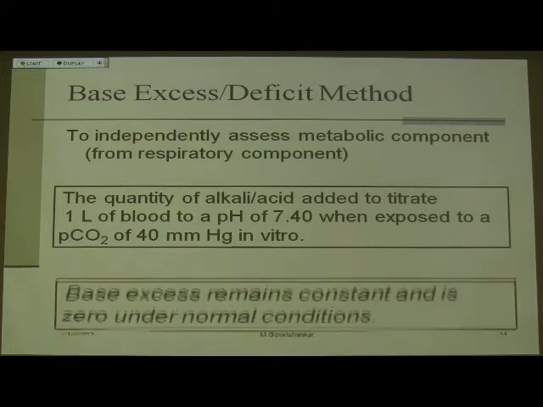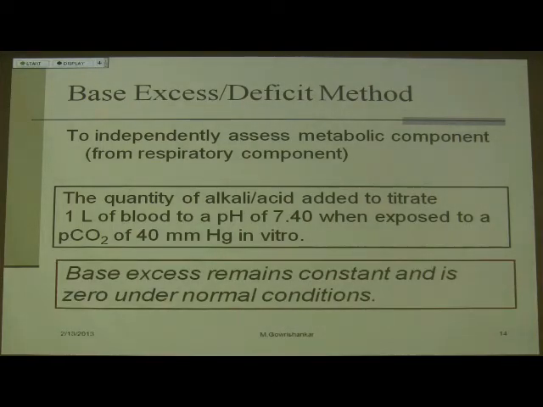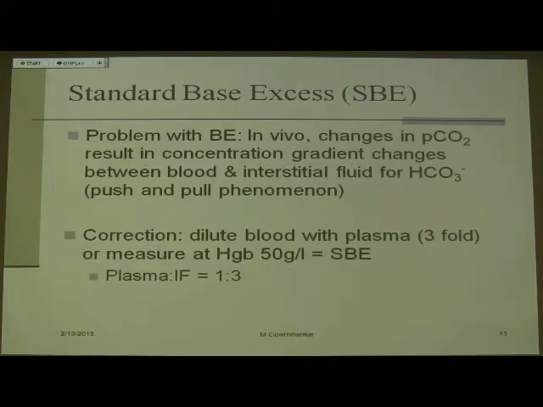But very quickly, it became obvious that even though in an in vitro situation, base excess should be 0, it's not always the case. And why is that? Because changes in PCO2 in a patient are different from changes in PCO2 in a test tube that you're pumping into.